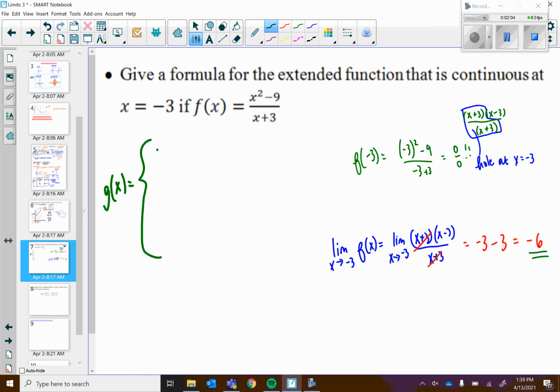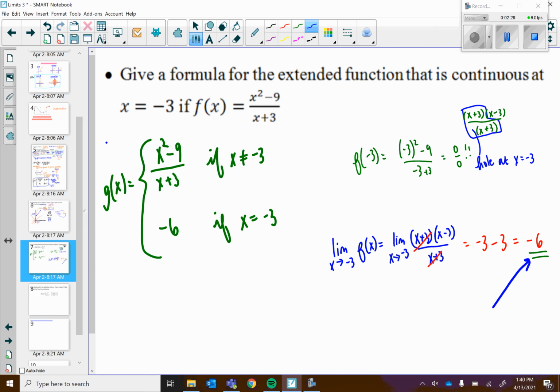I want to be the original function, x squared minus 9 over x plus 3, everywhere except the problem, so as long as x is not equal to -3. And then I am going to fix the problem by plugging in the hole. It's going to be equal to -6 if x is equal to -3.